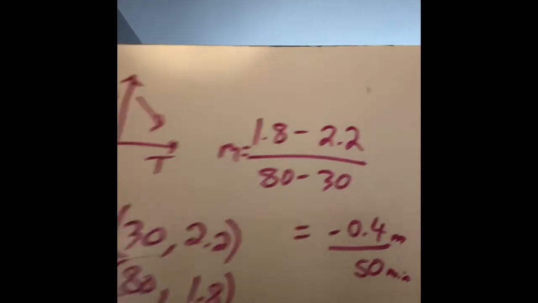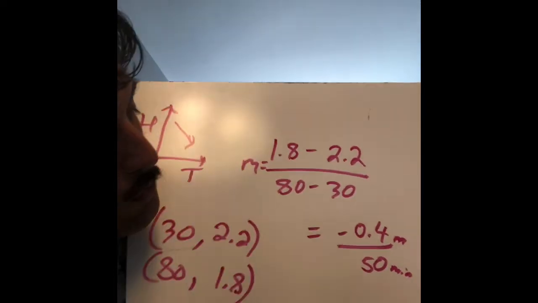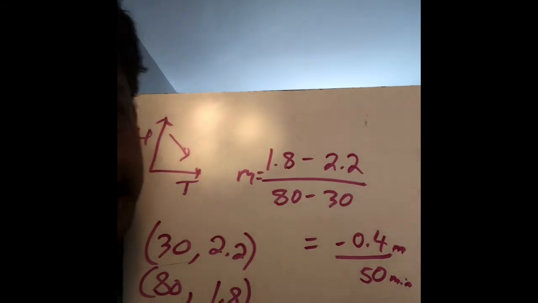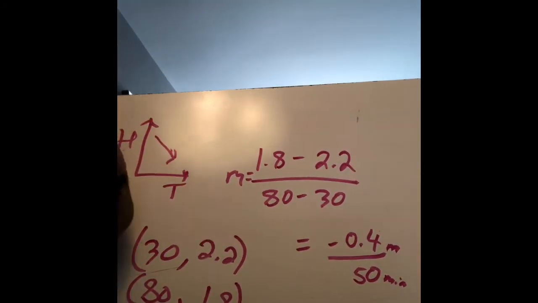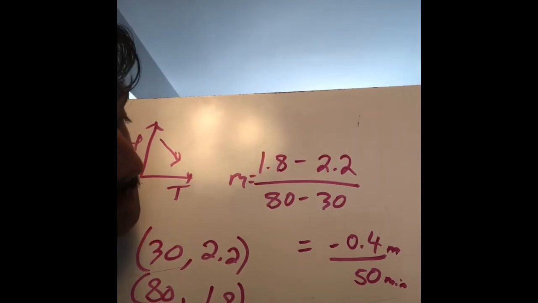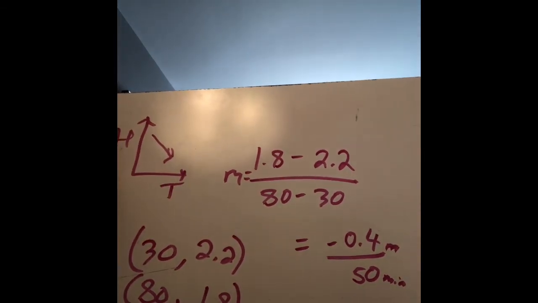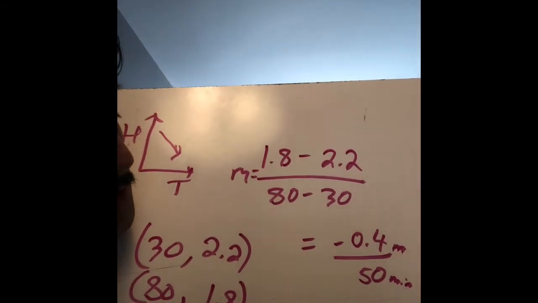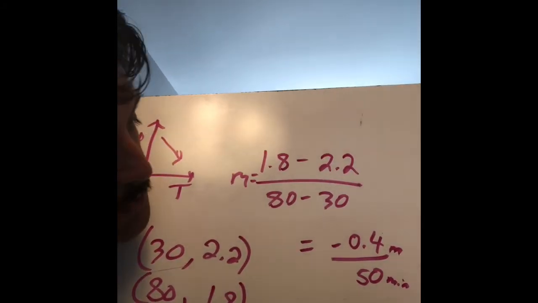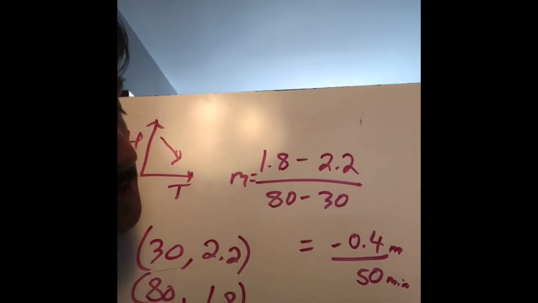Now we could definitely change that to per minute. So essentially just divide by 50 to get the rate per minute. And you probably don't want to be in meters anymore. So you know that there's 100 centimeters in every meter.